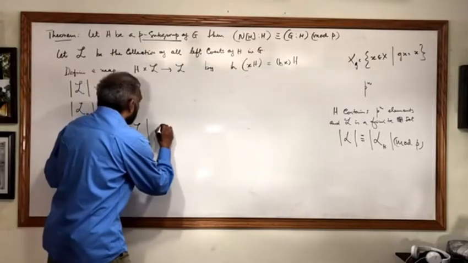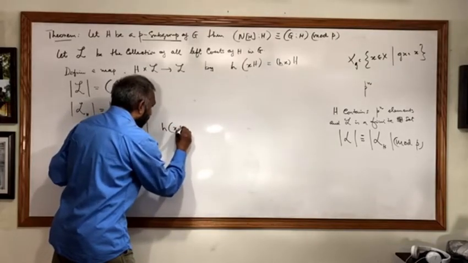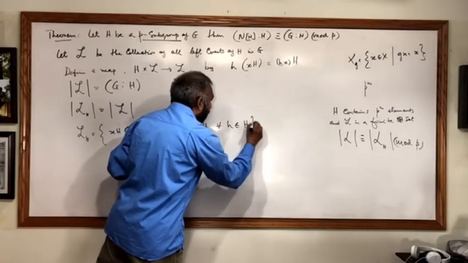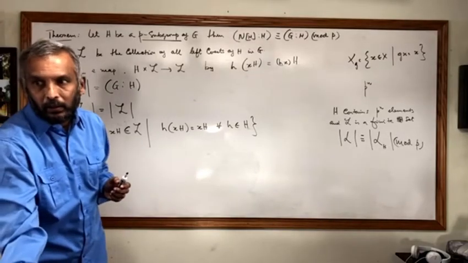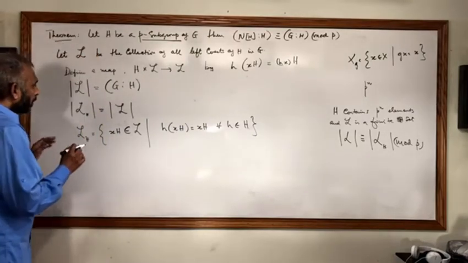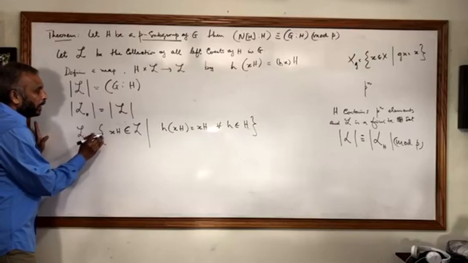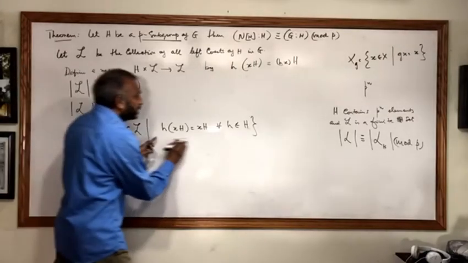That means hxH is equal to xH for all h in H. Our idea here is to find out the elements x such that this condition is satisfied.